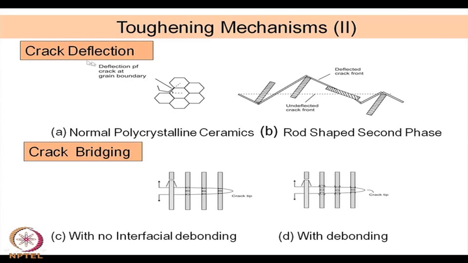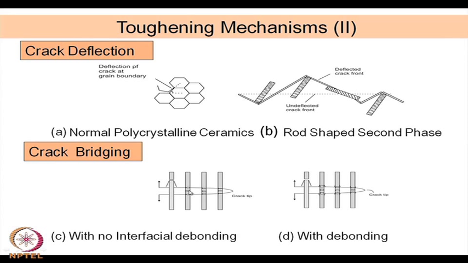So, this is the crack deflection method, and then you can also have a crack bridging technique, in fact. You can see there is again a second phase, a second material coming. This is the matrix, the first phase in which the crack is trying to grow, and there is application of load obviously.